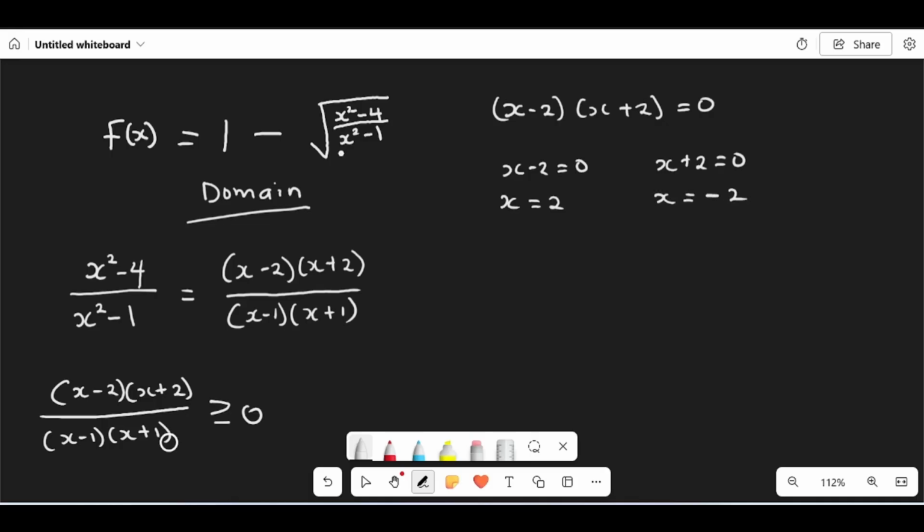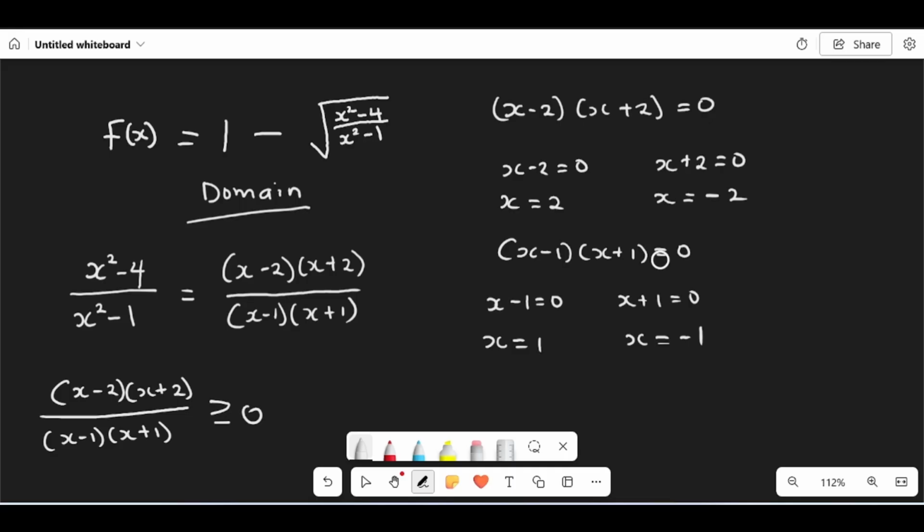Also, let us set the denominator to 0. (x minus 1)(x plus 1) equal to 0. That means x minus 1 equal to 0, x plus 1 equal to 0. That means x equal to 1 and x equal to minus 1.